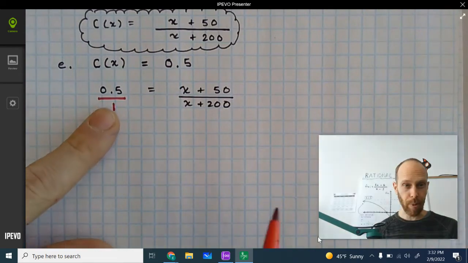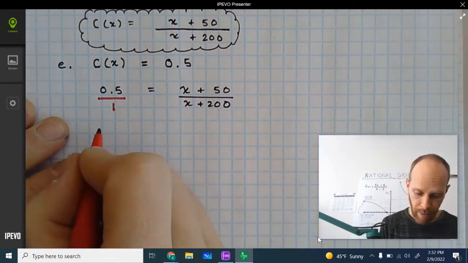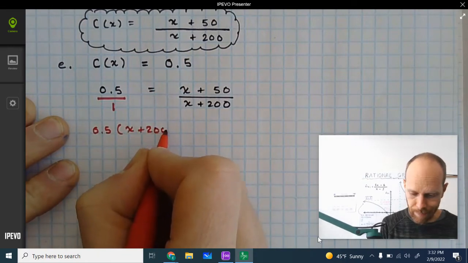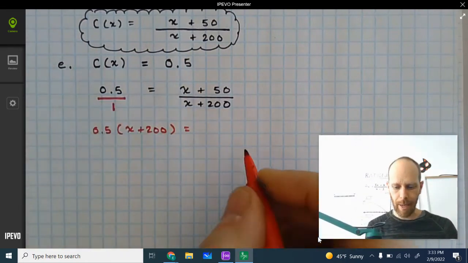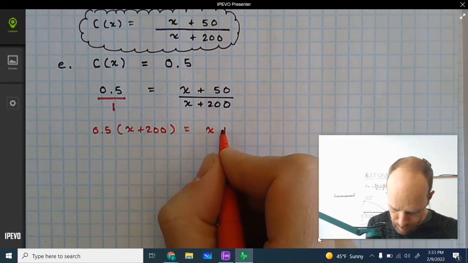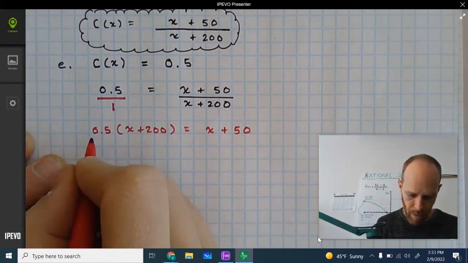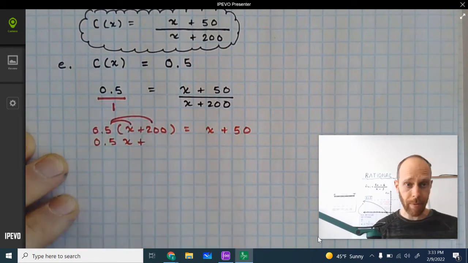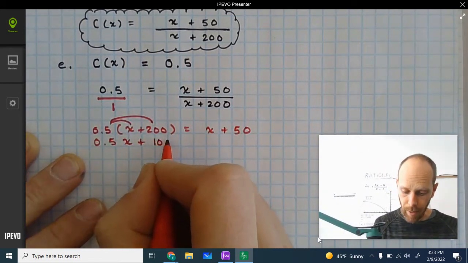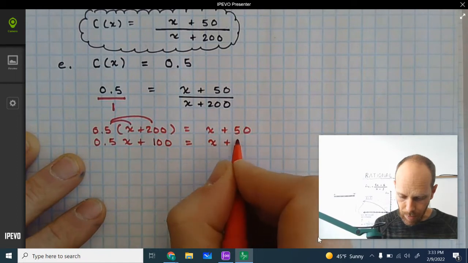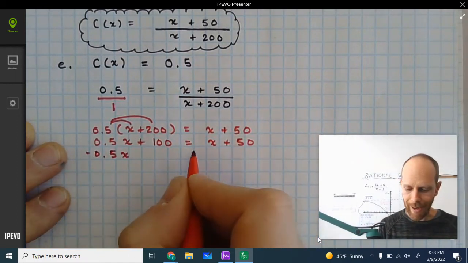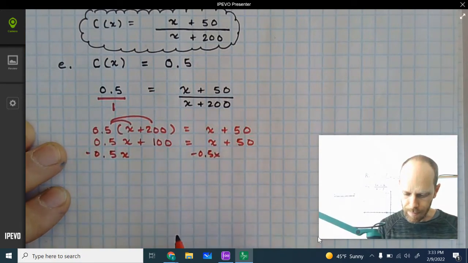So if we cross multiplied, we would end up with 0.5 times (x + 200) is equal to 1 times (x + 50). So 0.5x, distribute that 0.5 to the 200, we get 100 equals x plus 50. Subtract 0.5x from both sides of the equation.